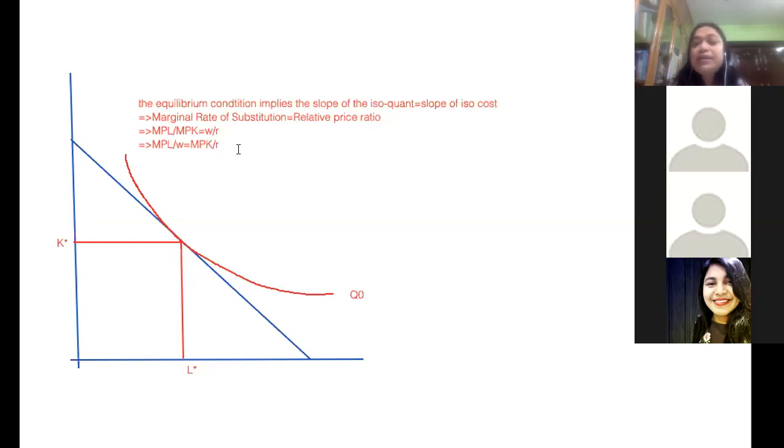MPL is how much output you gain by hiring one extra unit of labor. So the left hand side is output per dollar spent on labor, and the right hand side is output per dollar spent on capital. When output per dollar spent on labor equals output per dollar spent on capital, you reach the optimal level of output. This is the optimal rule, and through this we can achieve L star and K star. All right. Clear?